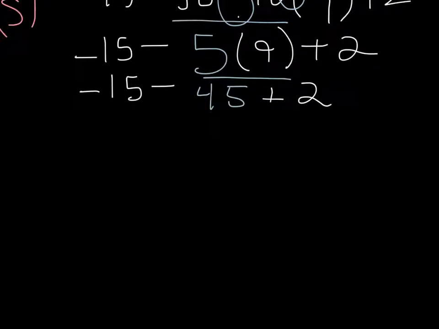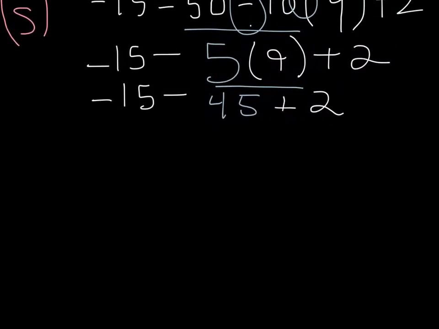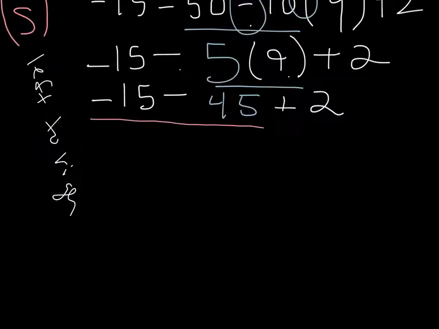So negative 15 minus 45 plus 2 is where we're at. PEMDAS says we now need to do our adding and subtracting, but again, it's always left to right. So we just go left to right, since all we have left is a minus and a plus. So negative 15 minus 45. We're going to do that part first.